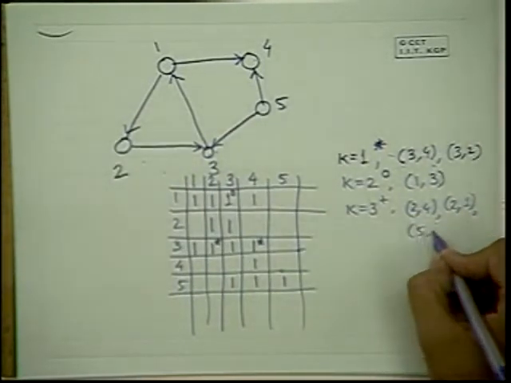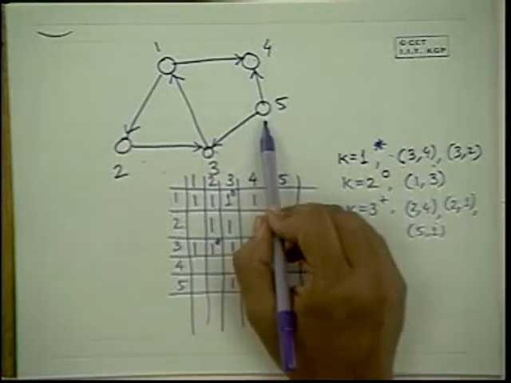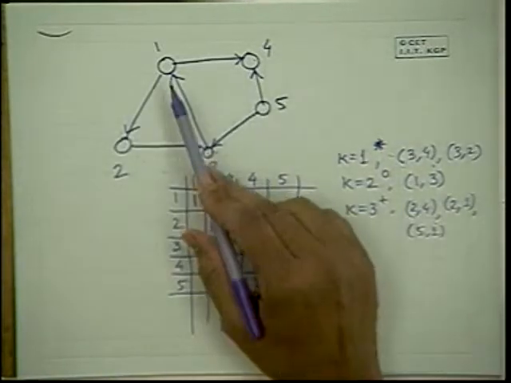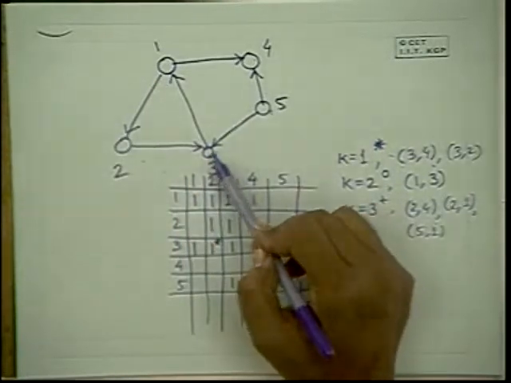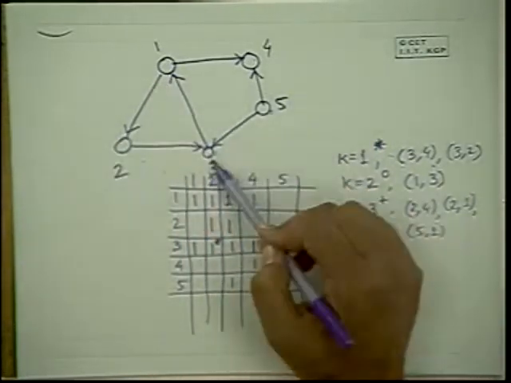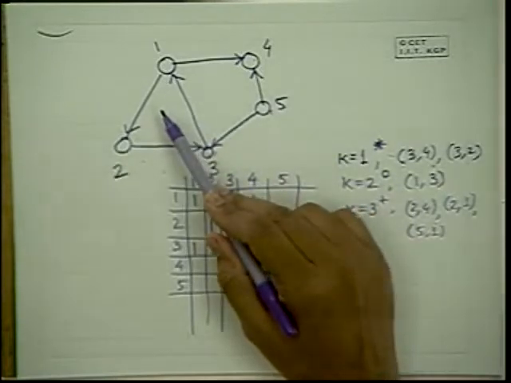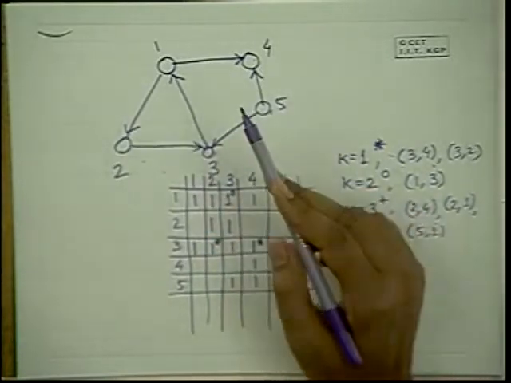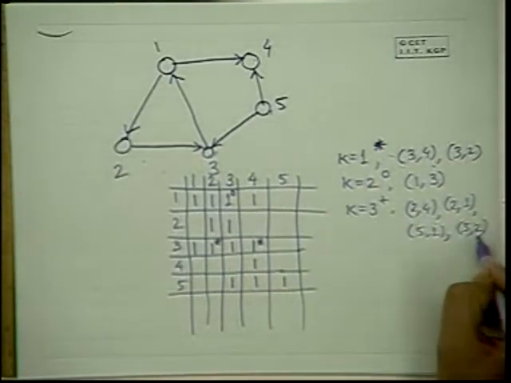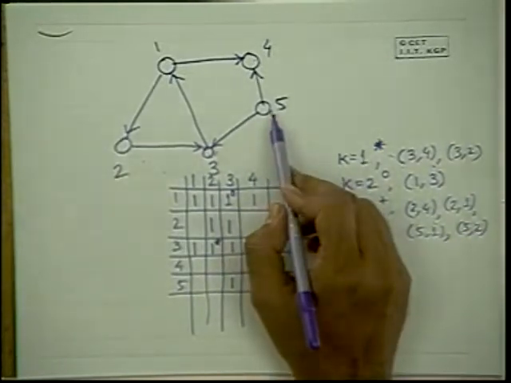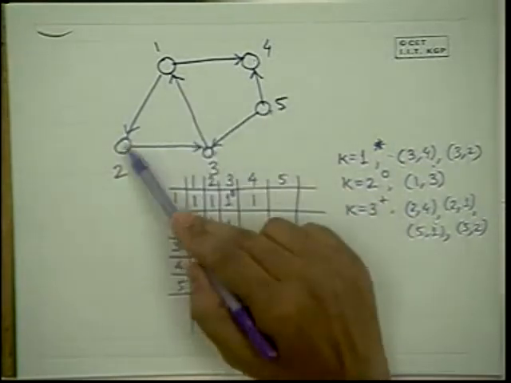Between 5 and 1 there is a path 5 3 1, which is valid because 5 3 is an edge, 3 1 is an edge. So D5 3 is 1, D3 1 is 1, which means D5 1 is 1. There is another one also, D5 2. D5 2 has a path now, 5 3 1 2.